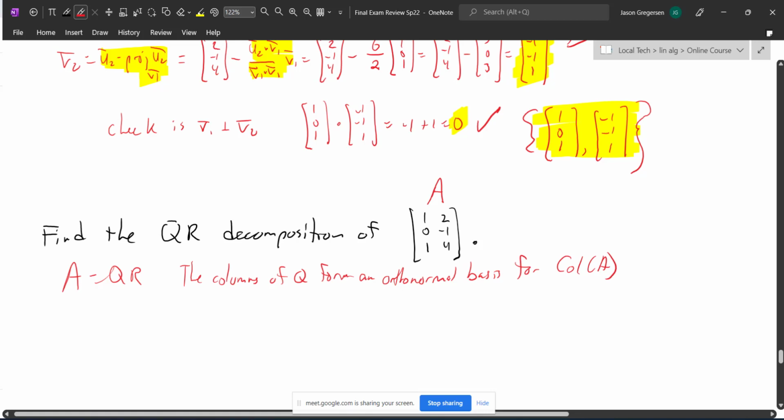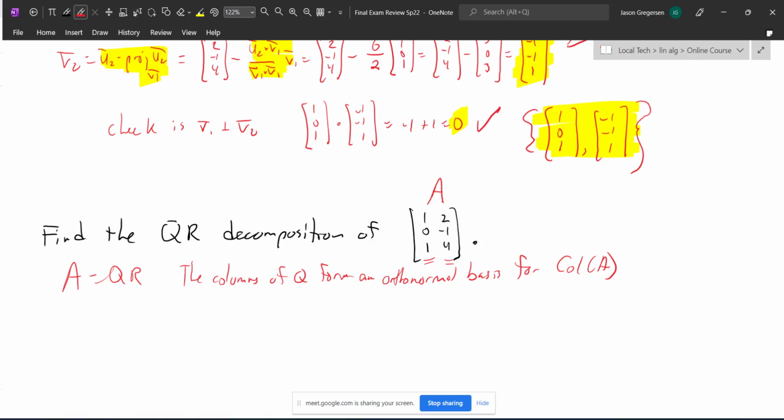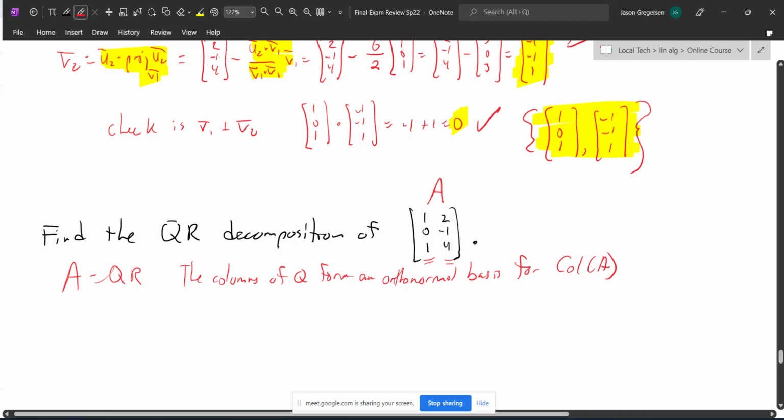So, the column space of A is the vector space I can build with the two columns of A. Now, because my two columns are linearly independent, a basis for the column space would be 1, 0, 1 and 2, -1, 4. However, I need an orthonormal basis.